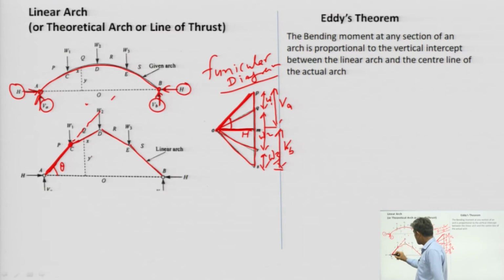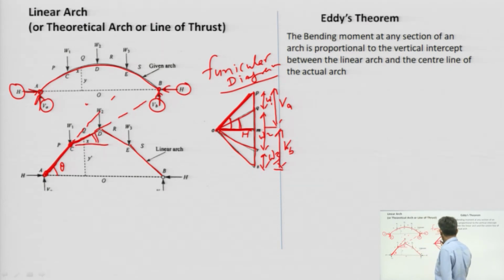So, this is a straight member AC. Next, member CD: its slope will be the same as for ray OQ, and we will get the next member CD.